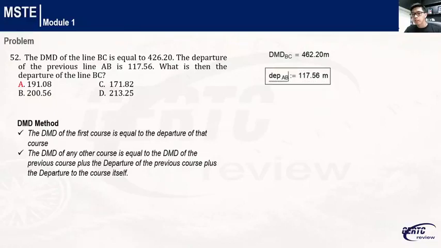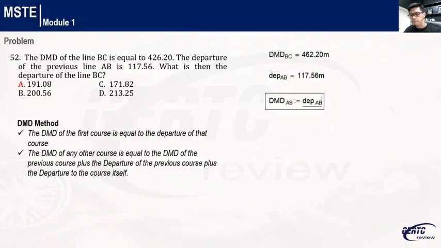Therefore, the DMD of AB is equal to the departure of AB. That is equivalent to 117.56. All right? Now, the DMD of any other course is equal to the DMD of the previous course.